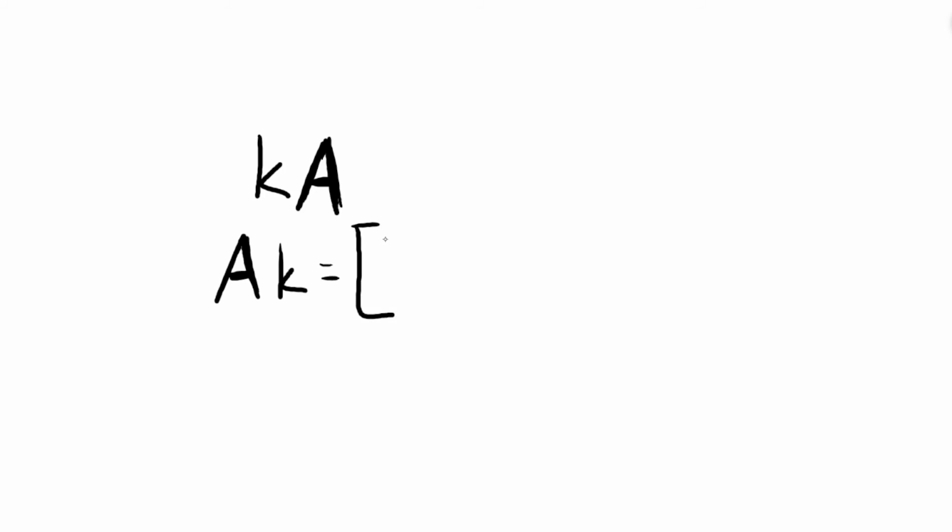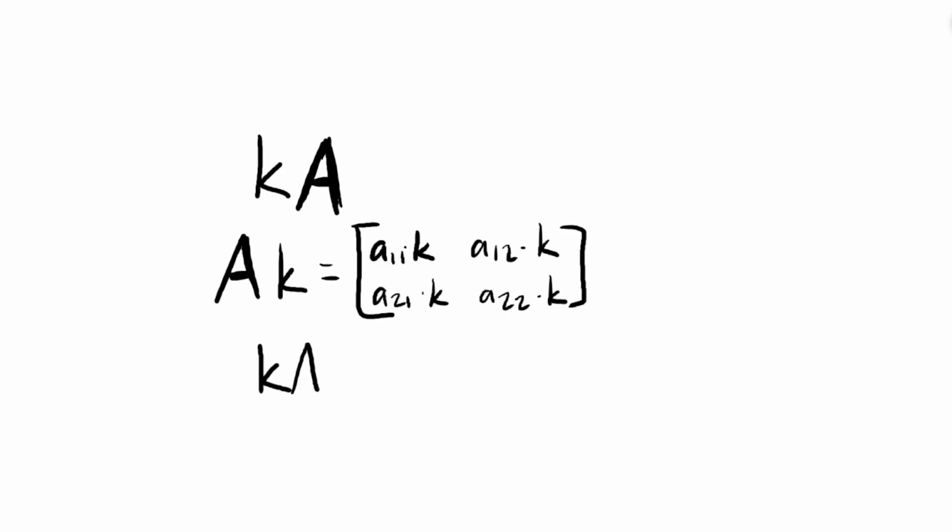It's simply that instead of having k times a11, you will get a11 times k, and then a12 times k, and so on. Now, is that the same as the other way around? Well, yes, that is the same. So that means that k times A is the same as A times k.